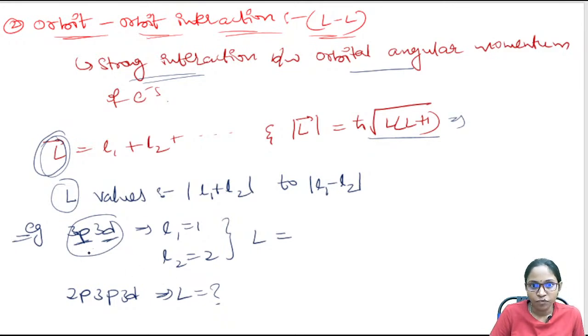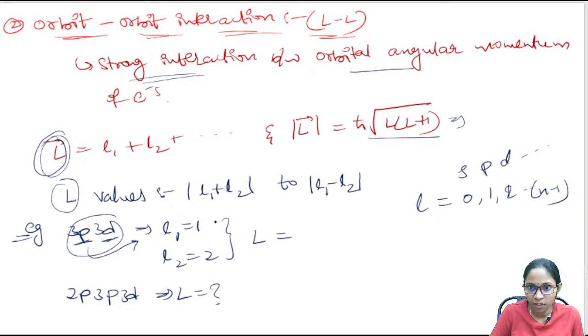For the 3p 3d configuration, as we know, L values are 0, 1, 2, and so on up to n minus 1. 0 is represented by small s, 1 is p, 2 is d, and so on, right? So for the 3p 3d configuration, for the p orbital L1 will be equal to 1, and for the d orbital L2 is 2.